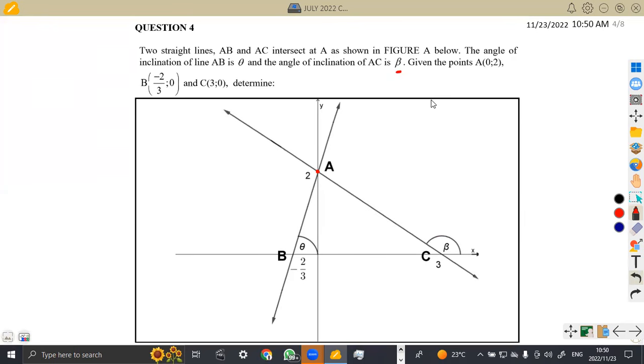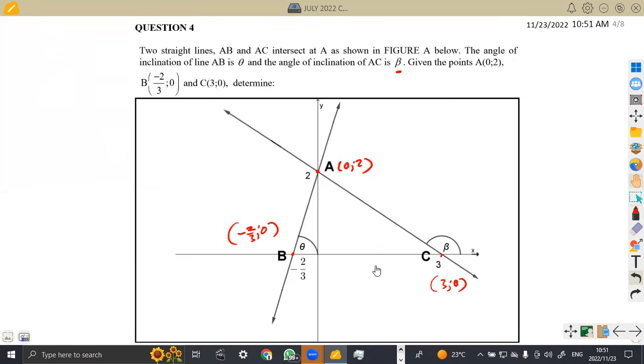We are given the coordinates of A, that's (0, 2), the coordinates of B, which is (-2/3, 0), and the coordinates of C, which is (3, 0).